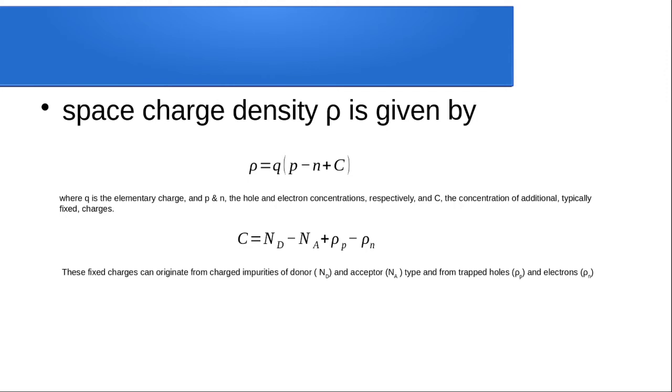So, in a nutshell, the space charge density rho comprises all holes, electrons, and the additional charges like charged donor impurity, charged acceptor impurity, trapped holes, and trapped electrons.